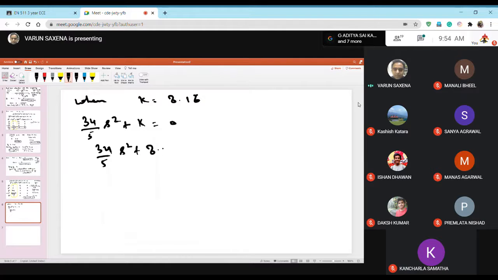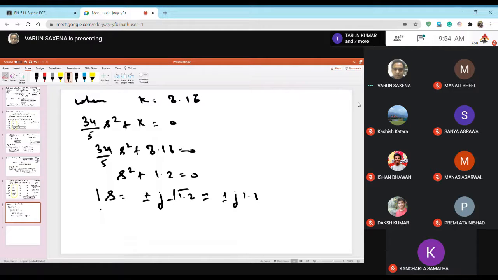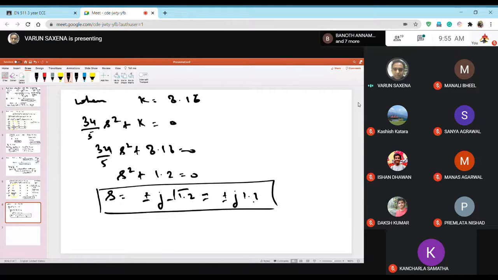So then you write s square plus 8.16 equals 0. Kashish, how much will it come to? 1.2, right? Yes sir. So s is plus minus j root 1.2, which is roughly equal to plus minus j 1.1. That means this root locus will cut the imaginary axis at j 1.1 and minus j 1.1. And the maximum value of k that this system can tolerate is 8.16. So this is how it is.